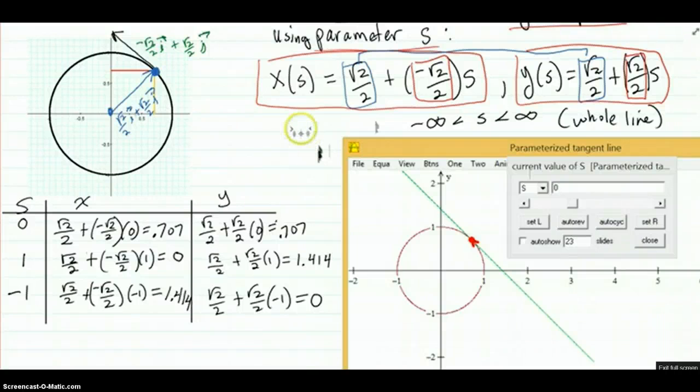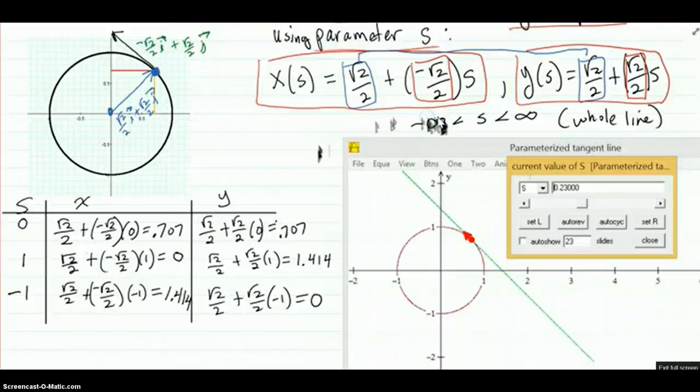Then when we increase the s value, notice we start moving along the line, tracing out that tangent line. Interestingly, I want to stop at about 1, right here at 1. Let's do 1 there. Then we're at this point.